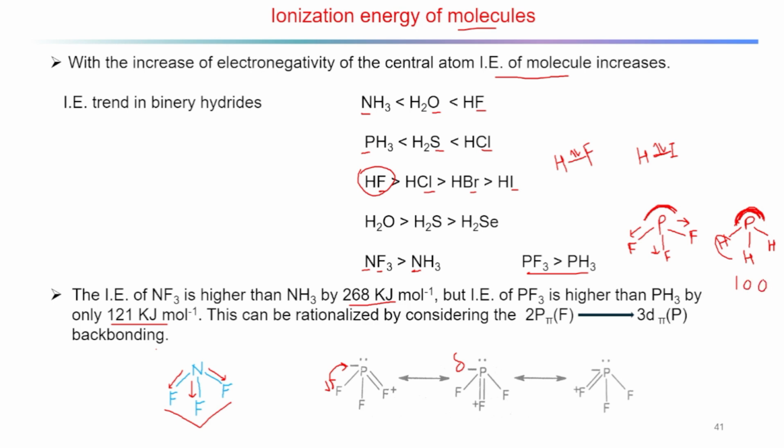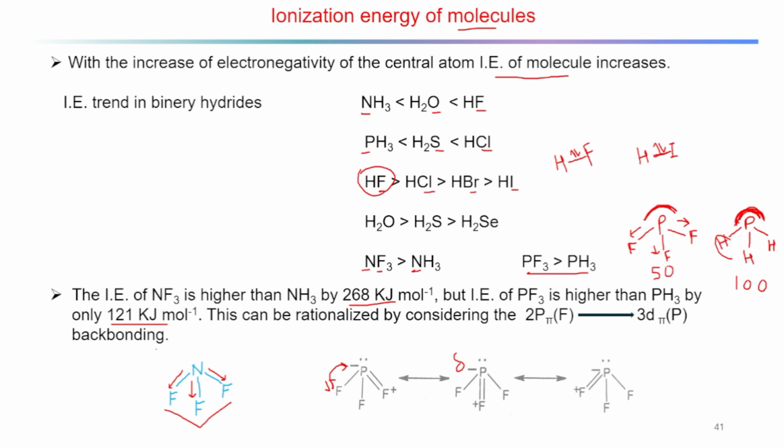PH3's ionization energy is 100 units. Now in case of PF3, if we consider that these fluorines do not involve in the back bonding, then the ionization energy should be around 500.